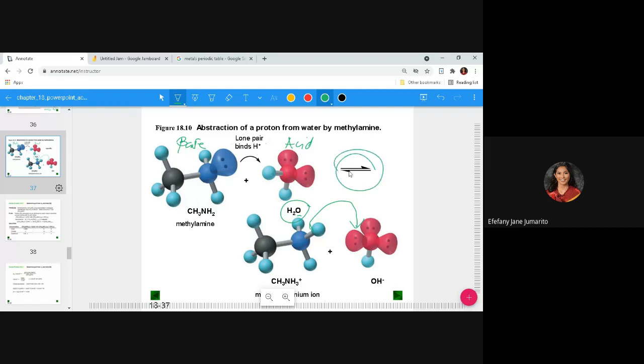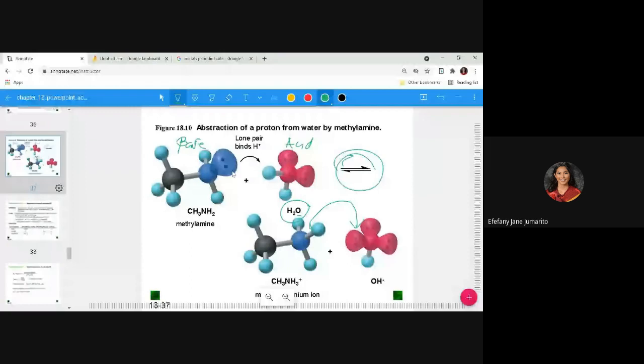Because this is a reverse reaction, class. When we say a reverse reaction, the product can become your reactant to form a new product. So the forward and the backward reaction. In this, your conjugate base here is the OH minus. What about the conjugate acid?